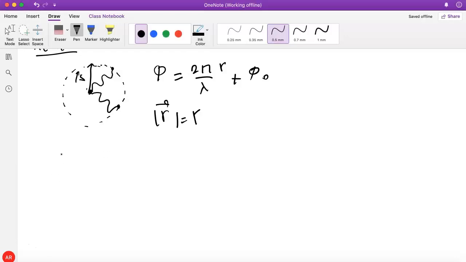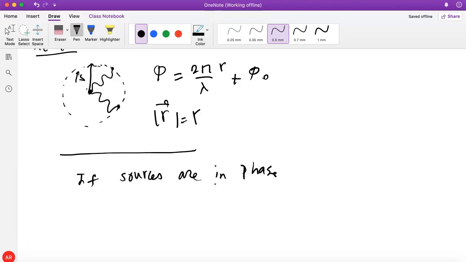We found that if the sources are in phase, then the phase difference at one point between the waves arriving from the 2 sources is just given by 2 pi over lambda times the difference between the distances traveled.